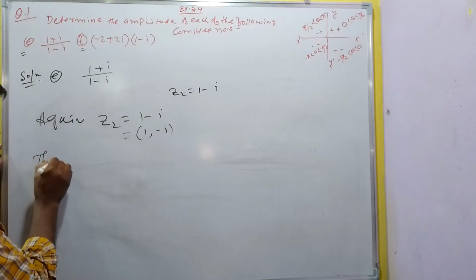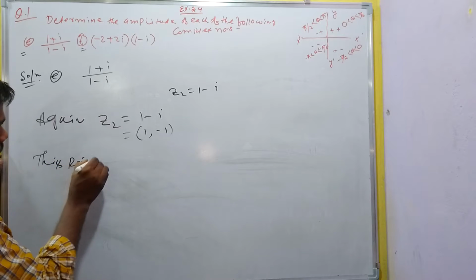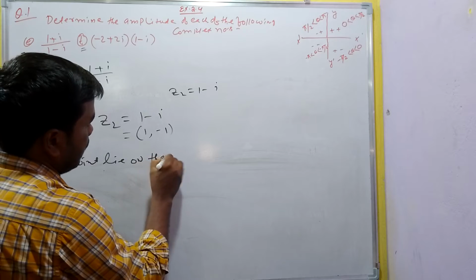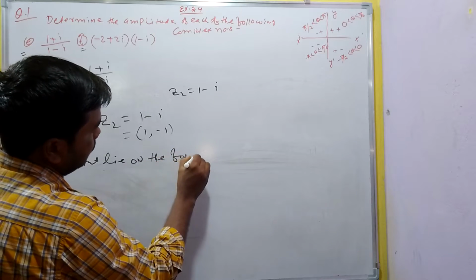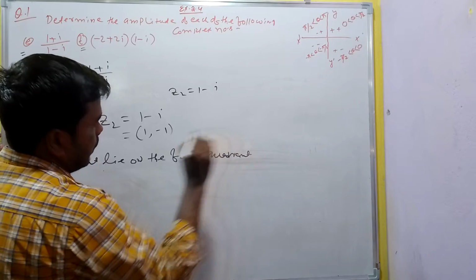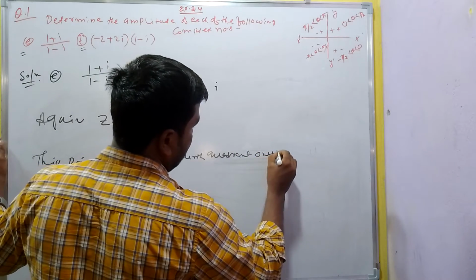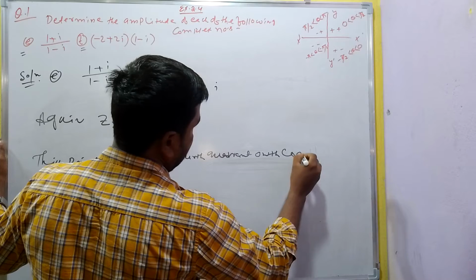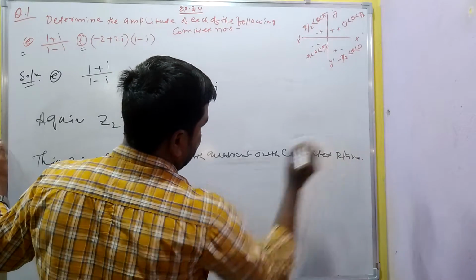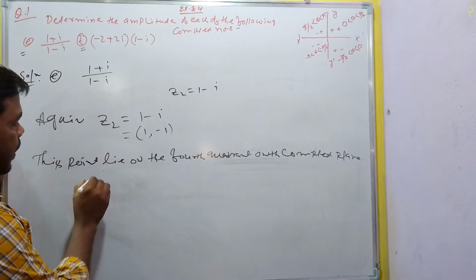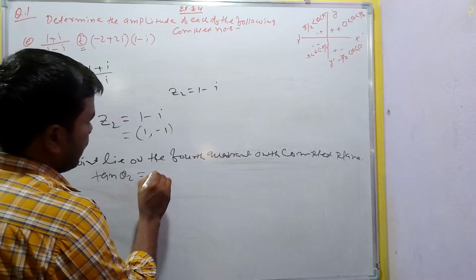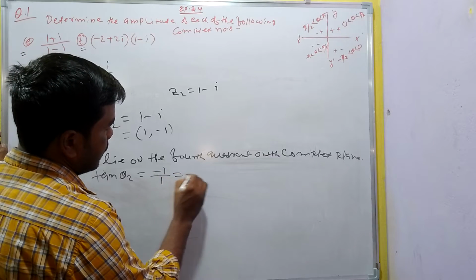This point lies on the fourth quadrant on the complex plane. Therefore, tan theta 2 equals minus 1 by 1, so equals minus 1.